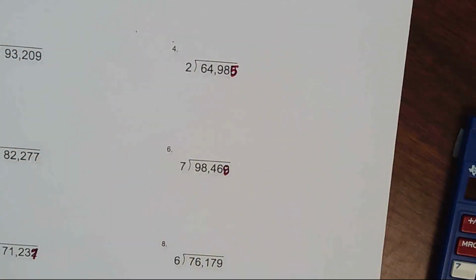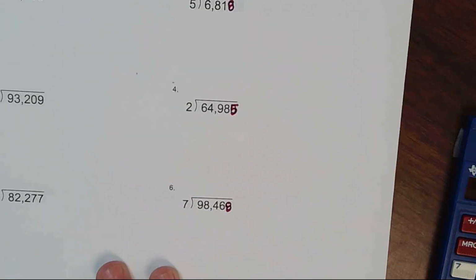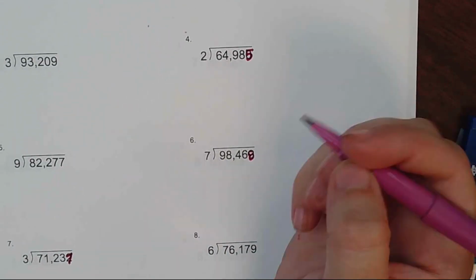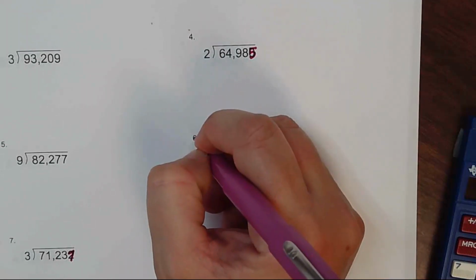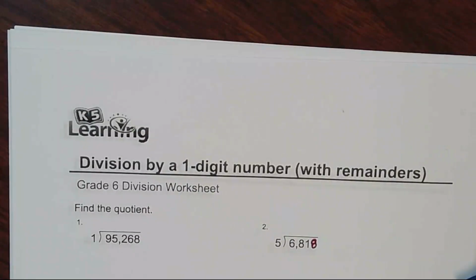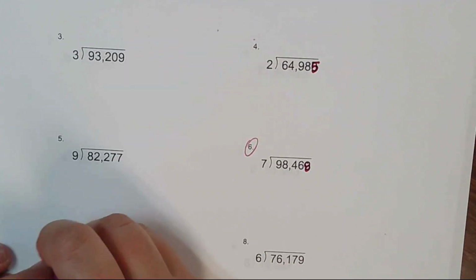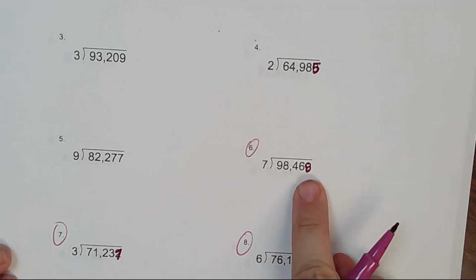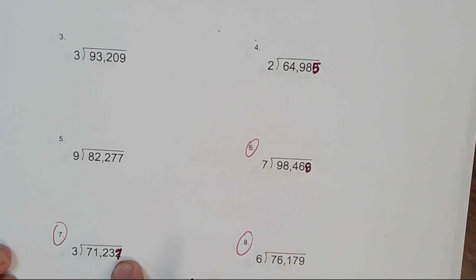Now, are we done in class? No. If you are not here today, the homework for today on this page is 6, 7, and 8. 6 and 7, you will need to change the numbers.